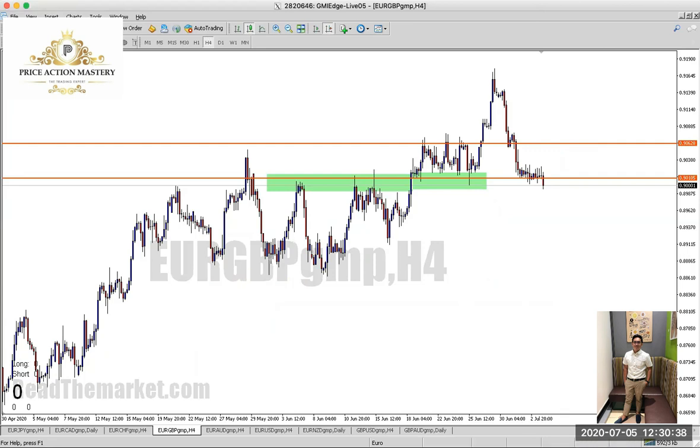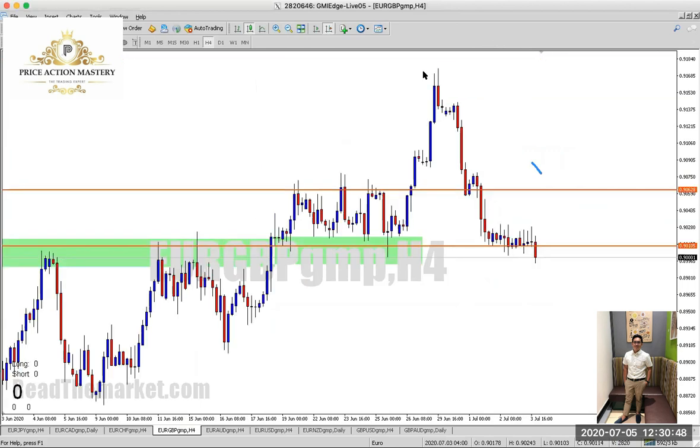As you can see, Euro GBP is basically in seller force. So I'll be looking to sell, going for short. I will wait for the market to retreat to this level. The higher it is, the better it is. So around this area, look for short.